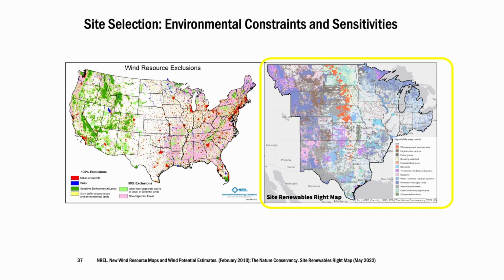The Nature Conservancy has an initiative that's really focused on siting renewables right, and as part of that, they've developed maps where they show areas that have those environmental sensitivities, like certain sensitive birds or bats or protected lands. This is a tool for renewable energy project developers to use to identify those lower impact areas for development. As you can see, there are a lot of areas that they would prefer not to see development.